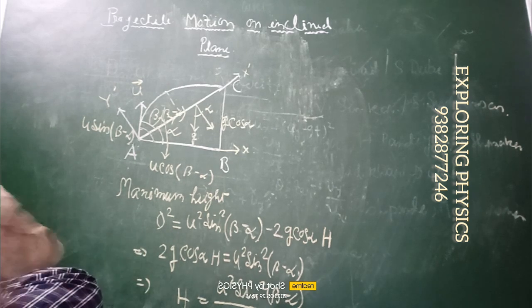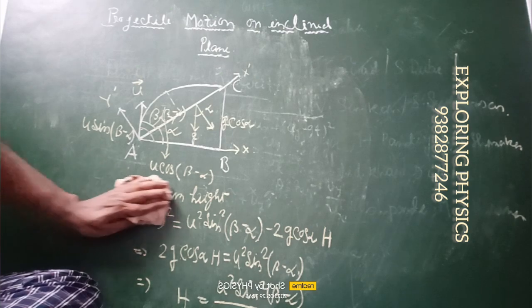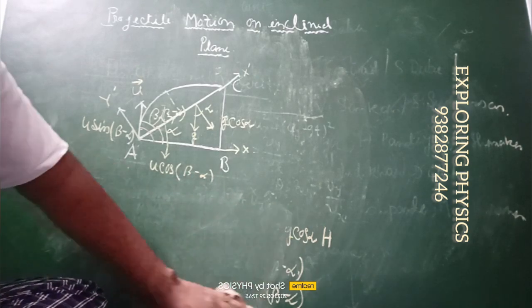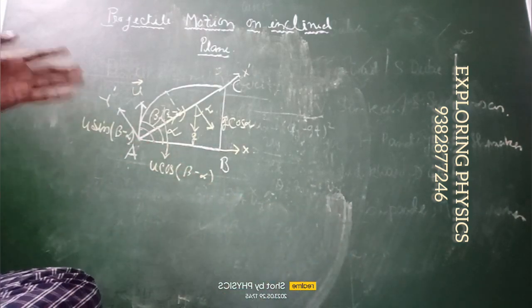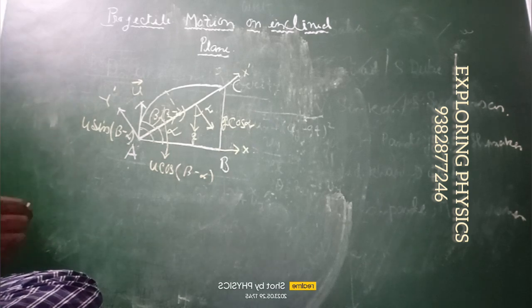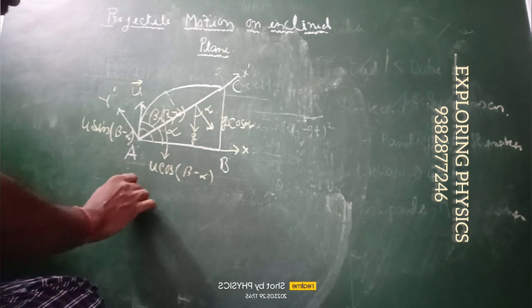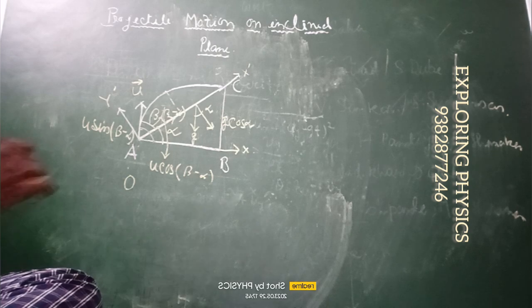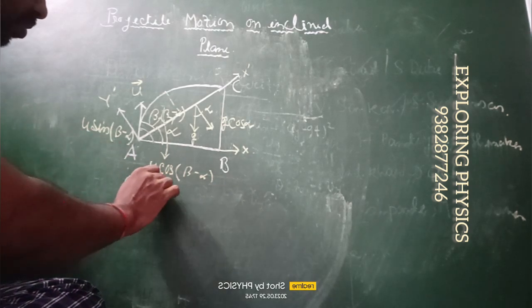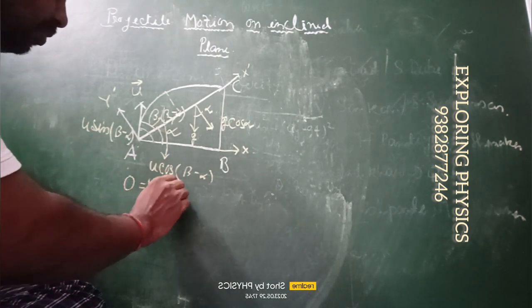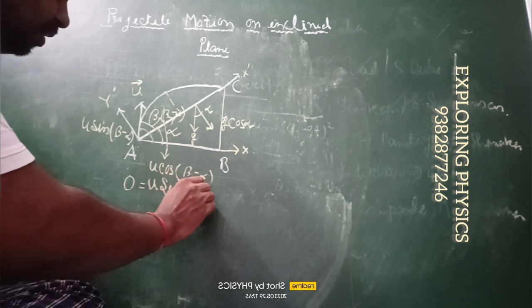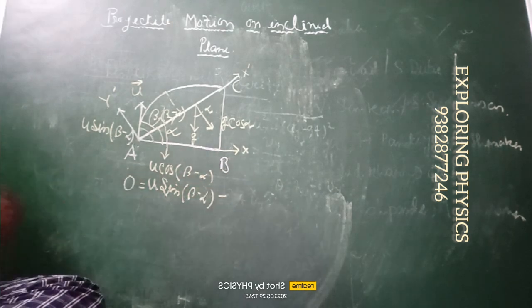Now move to the next topic. The next topic is the time of flight. How to find the time of flight? We know the formula v equals u minus gt. Here v should be 0 at the topmost point, and u is u sine of beta minus alpha, minus gt.